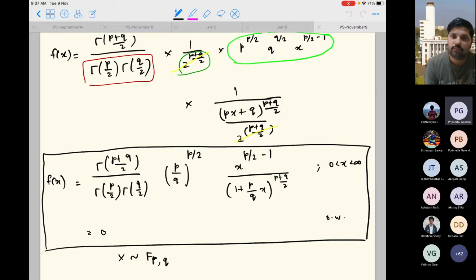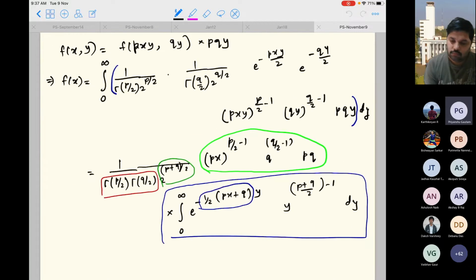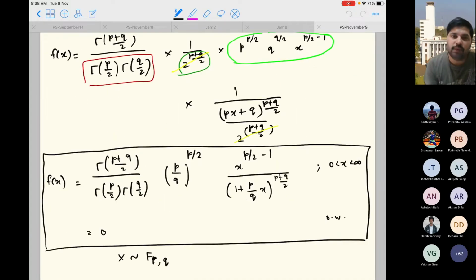Sir, where did this PQ go? I mean, there was P to the power P by 2 minus 1 and Q to the power Q by 2 minus 1. Here I have P to the power P by 2 minus 1, Q to the power Q by 2 minus 1, into PQ. I missed that in the expression. So that PQ is coming from the Jacobian, and that's why I'm getting P to the power P by 2, Q to the power Q by 2.